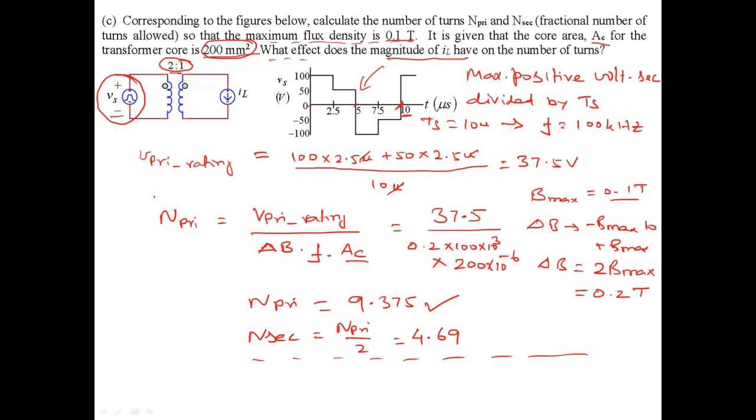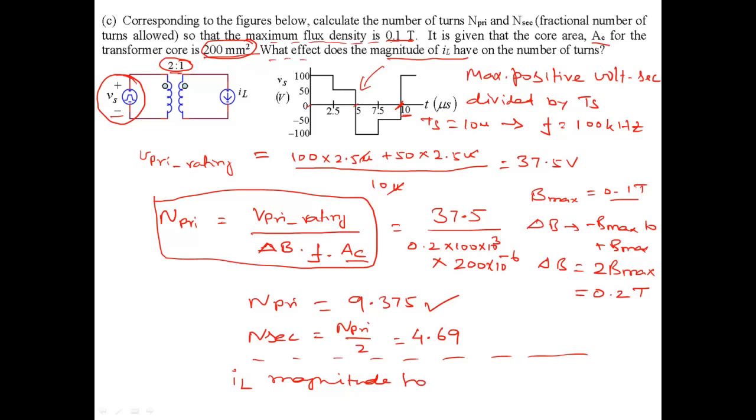Specifically, if you look at the equation for N primary, there is no current term or current-dependent term. Therefore, I would just write: IL magnitude has no effect on the number of turns, both on primary and secondary. So that's the complete answer for part C.